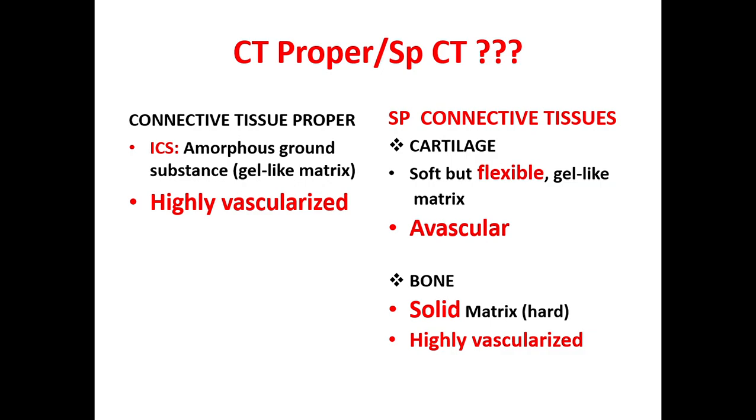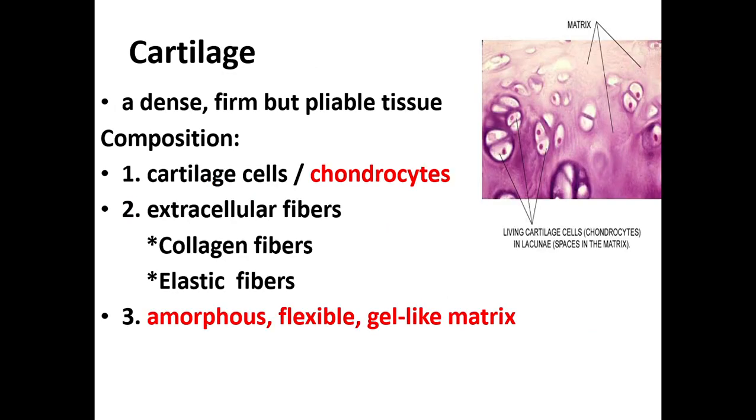The bone tissue have a solid matrix or hard ICS and is highly vascularized. So we can see the differences in the characteristics of this tissue. We have the connective tissue proper, the cartilage, and the bone tissue.